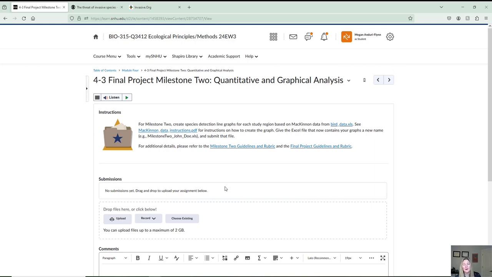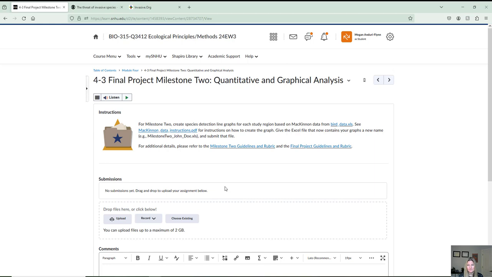And so the results section, which we'll be writing in Milestone 3 in a couple weeks, is going to include all of the analyses from the data sets that we gathered. Now, we've already provided two analyses for you. So we provided the pie charts for the vegetation data, and we provided the diversity indices for the point count data. So that leaves our McKinnon data.